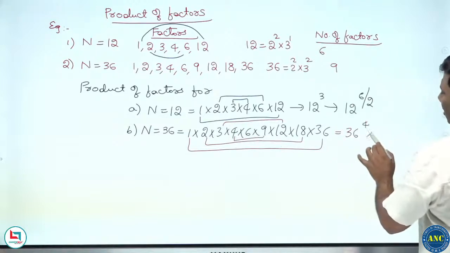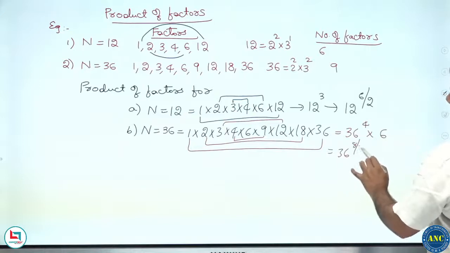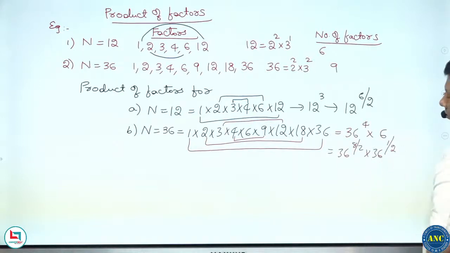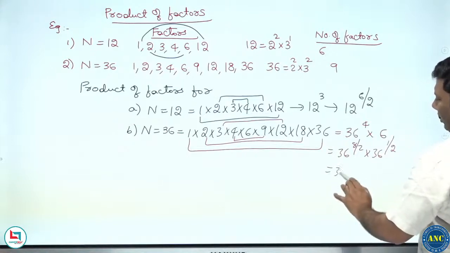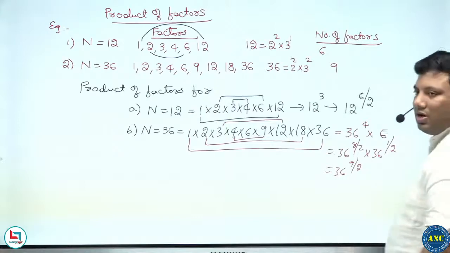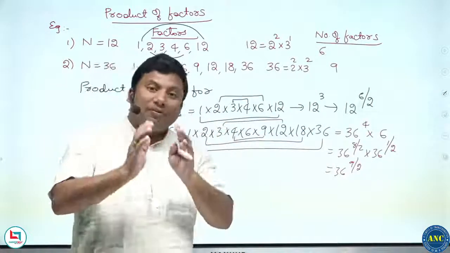36 power 4 into 6 I got. 36 power 8 by 2 into 36 power 1 by 2, which is 6. So it is 36 power 8 by 2 plus 1 by 2, 9 by 2. Now see here, 36 is a perfect square.